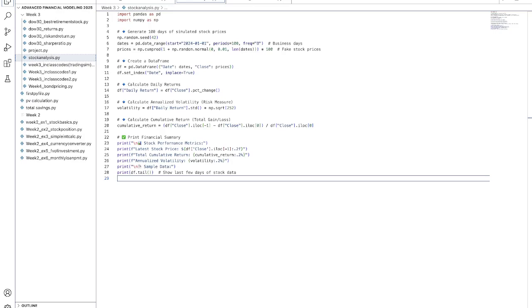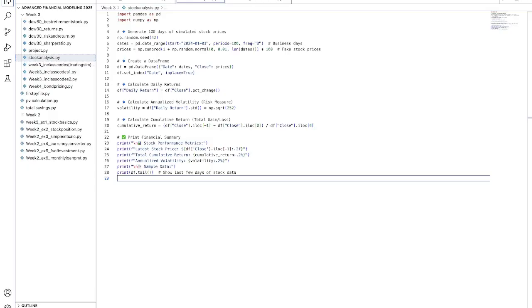The cumulative product, np.cumprod, models how stock prices change over time, and only business days, as the frequency equals B, are included, and that's just aligning with the stock market trading days.